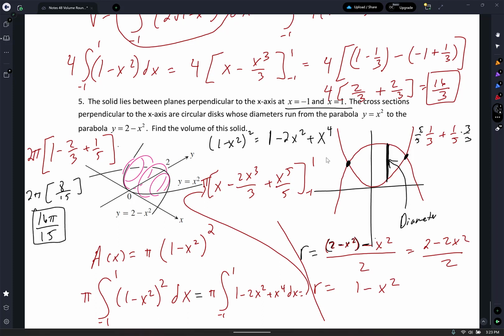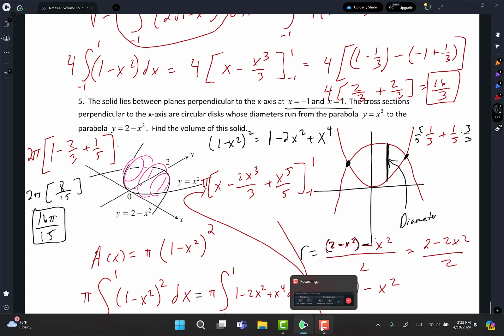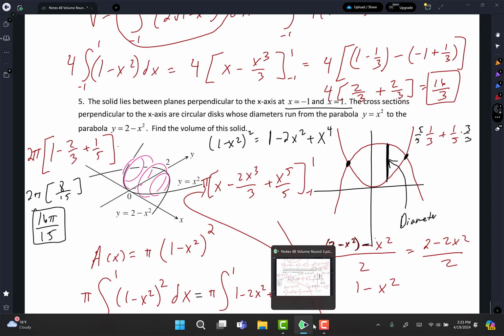Let's check if that really is the answer. We trust Avidus. Avidus, you want to check it for us, please? I don't think so. See what 16 pi over 15 is in decimal, and then type in the shortcut.